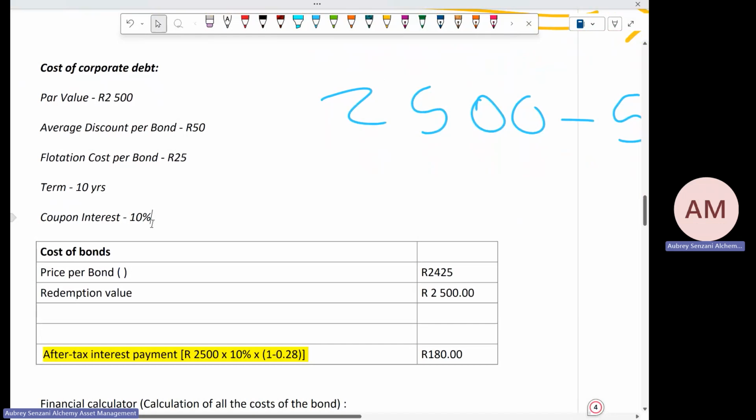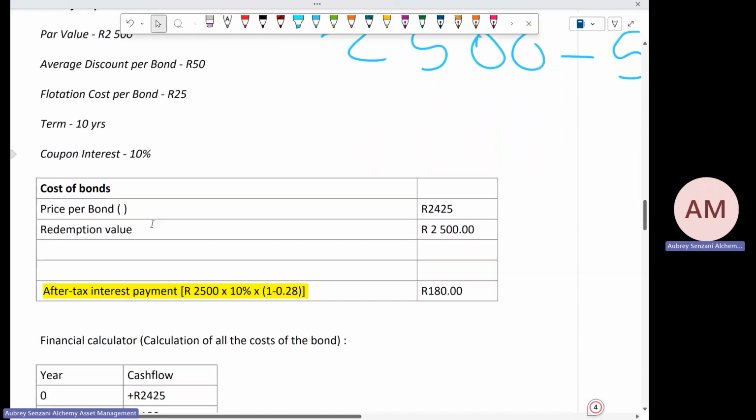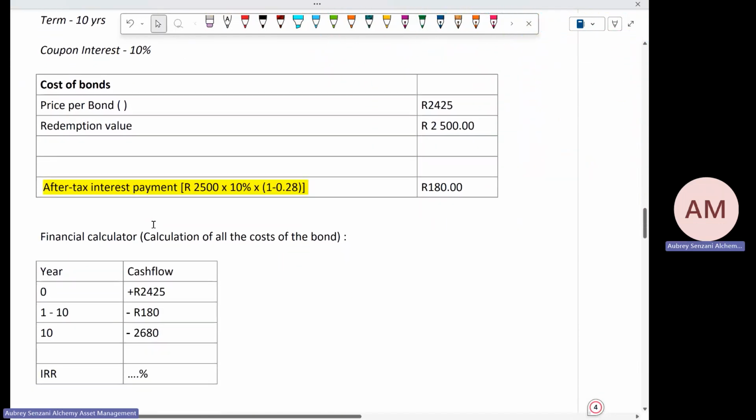180 a year. Okay. So, this is where you guys need to be very careful with the cash flows. Because if you get these cash flows wrong, then your interest rate calculation is pretty wrong. So we have 2,425 Rand coming from Fabio and CD.